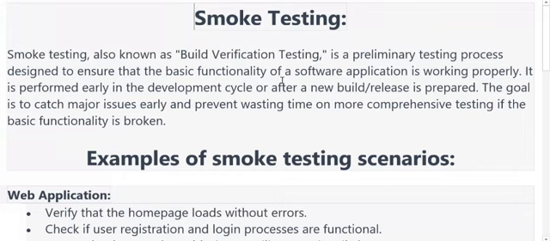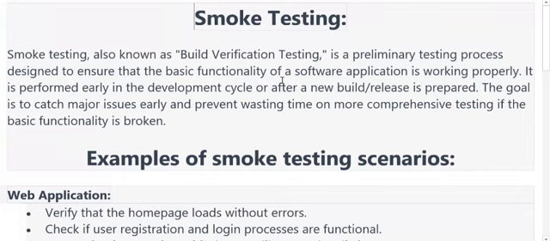So coming to the mobile app, we need to check whether the application launches properly or not. We need to check whether this application is launching without crashing or not. We need to test that.